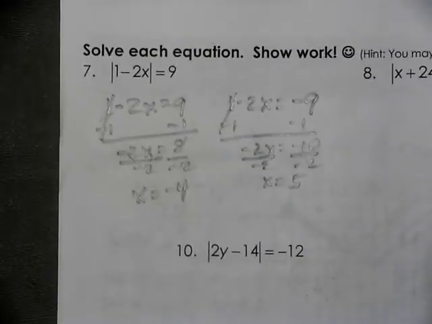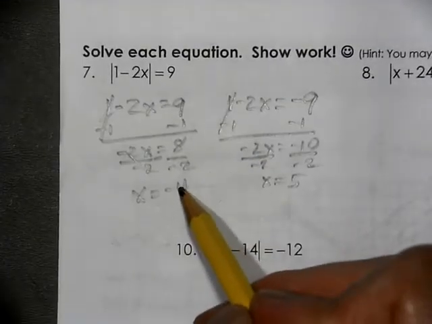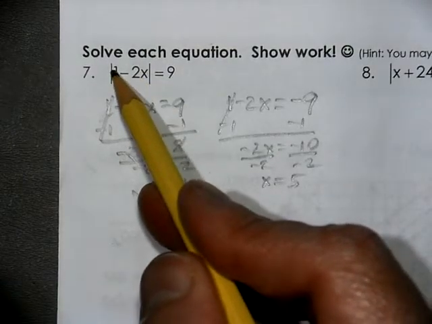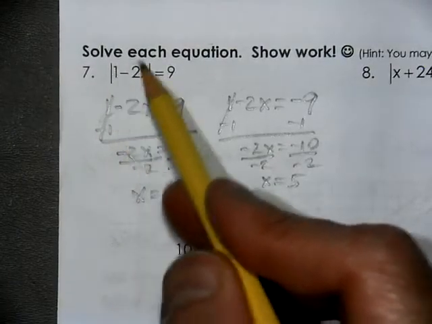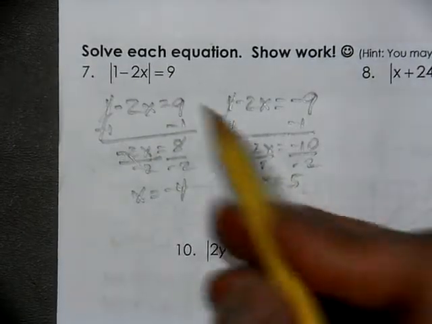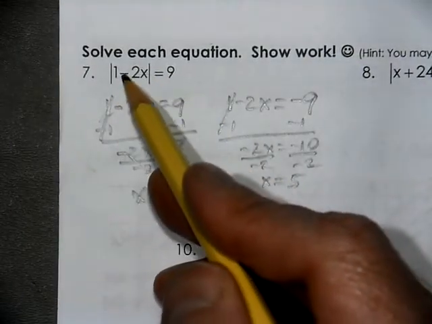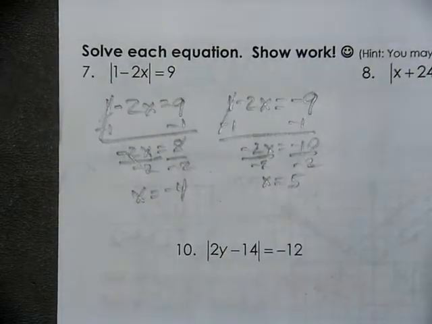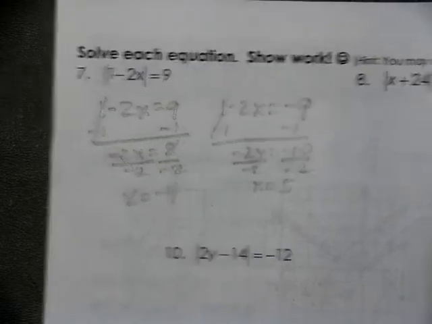There shouldn't be any extraneous solutions here. But if we plug in our negative 4, we get positive 8 and 1, which gives us the absolute value of 9, which is 9. Plug in a 5, which is 1 minus 10, which is negative 9. Absolute value of that is positive 9. So the work would check out.